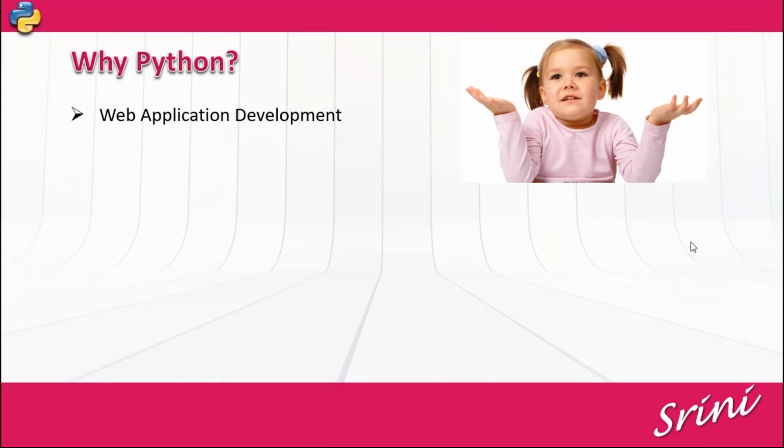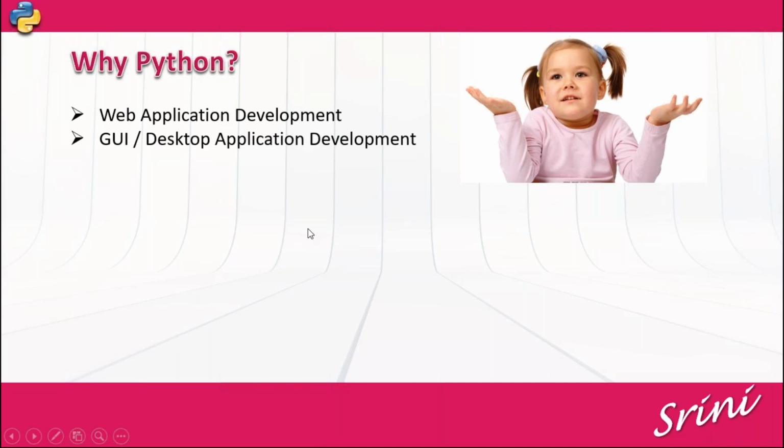Those are technologies. But here, Python is the language, and when we use Python with the Django framework, a web development framework, we can develop web applications. Here also a framework is required.